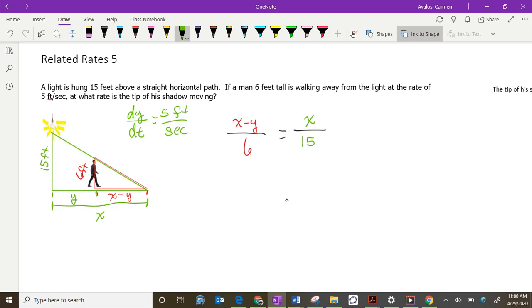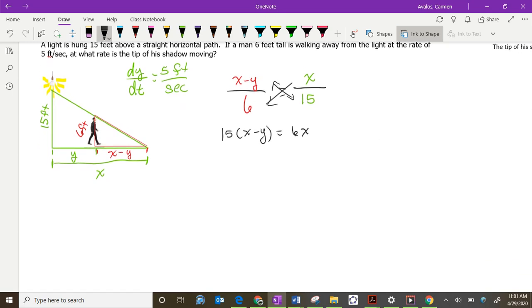If I have a fraction equal to a fraction, that's when I can do the cross multiplication. So we multiply across and we have 15 times X minus Y equals 6X.